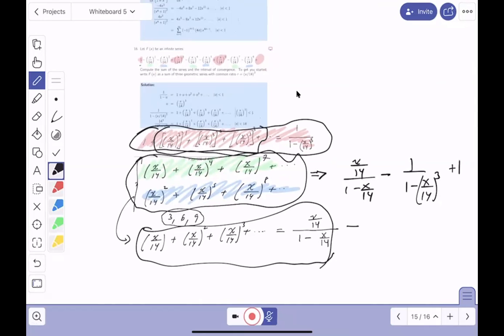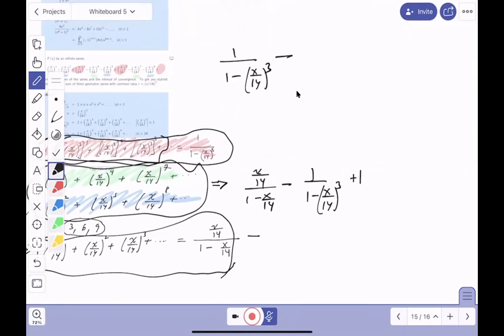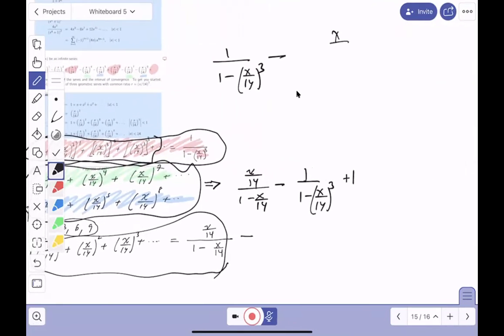And what I do is add all these things together. I have to take this original guy over here, I'll write it down for you, and subtract what I just did. So it's minus x over 14 over 1 minus x over 14, plus 1 over 1 minus x over 14 cubed, and then minus 1.